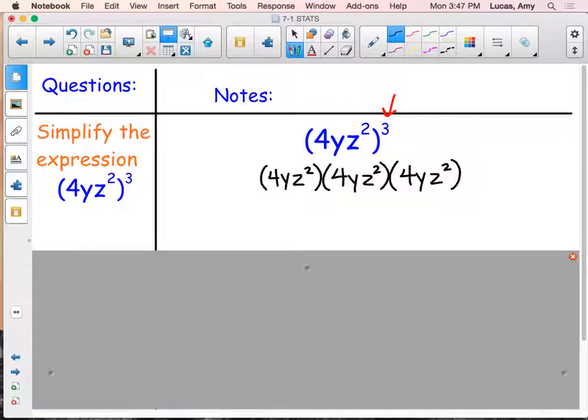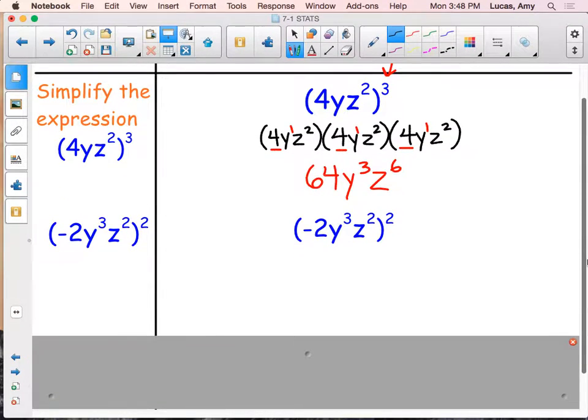Now, 4 times 4, I'm not going to expand all of this. 4 times 4 is 16, times 4 is 64. And then if I add my exponents on my y's, I get y to the third, and I add them on my z's, I get z to the sixth, like that.